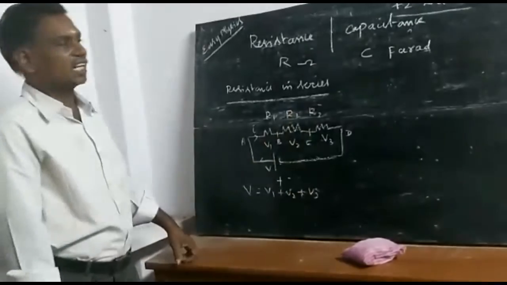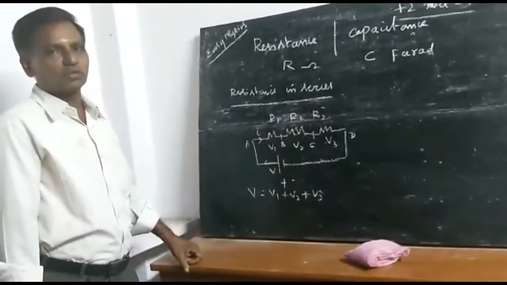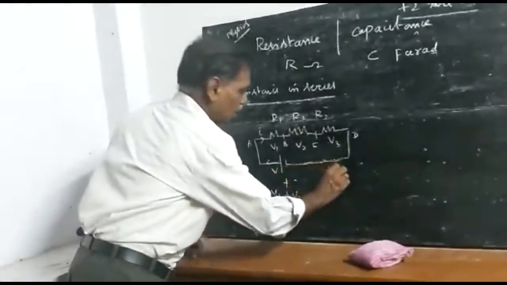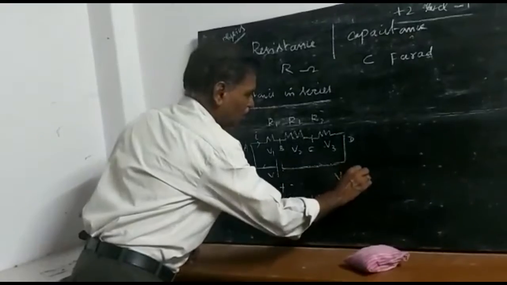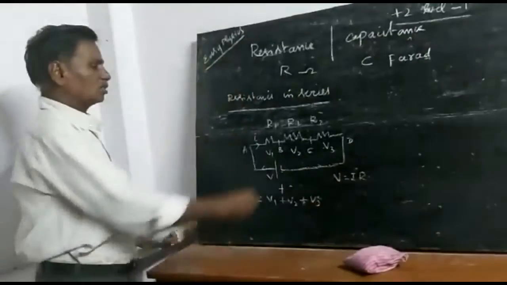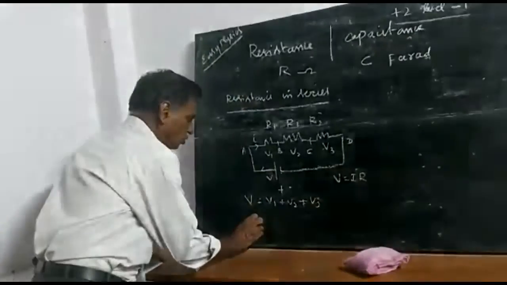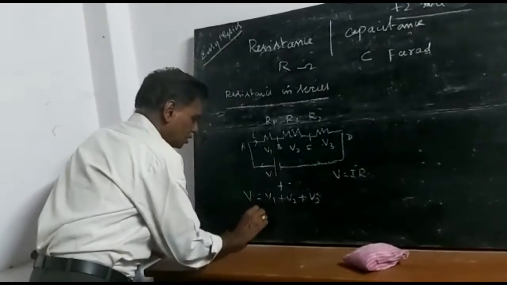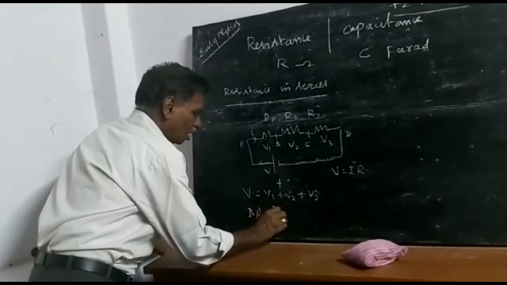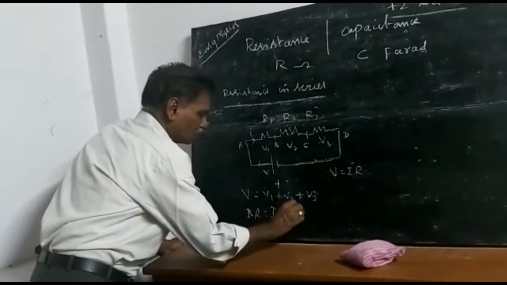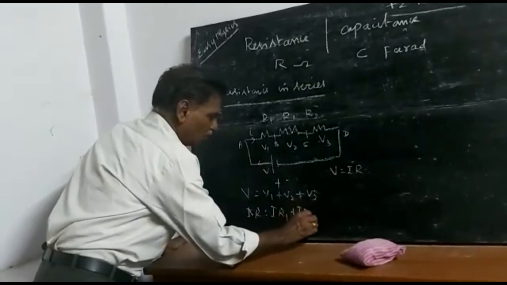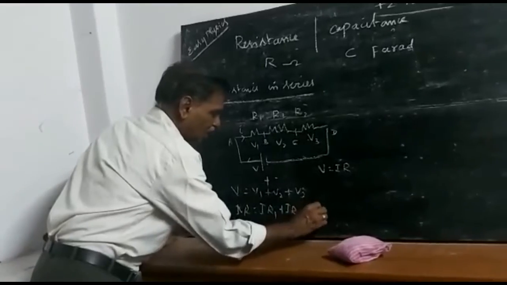But we know that by Ohm's law, V equals IR. Substituting, IR equals IR1 plus IR2 plus IR3.